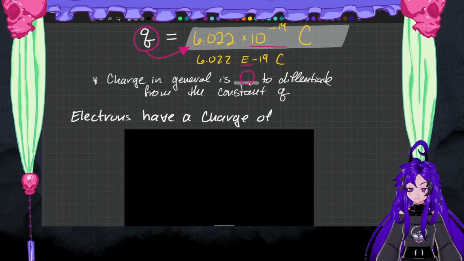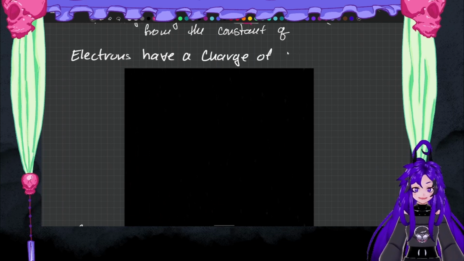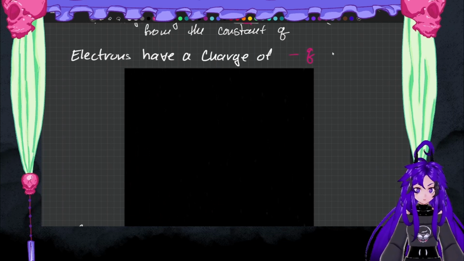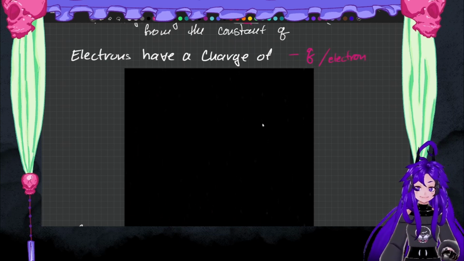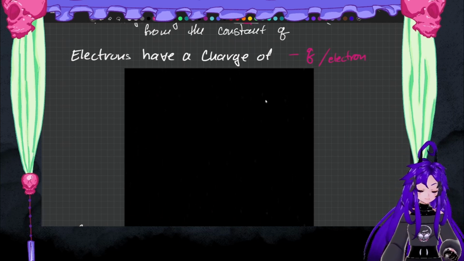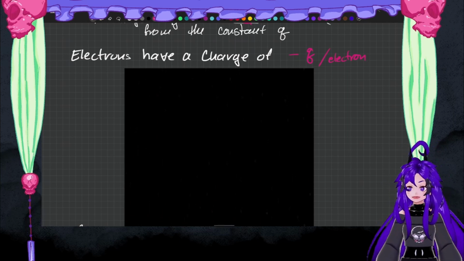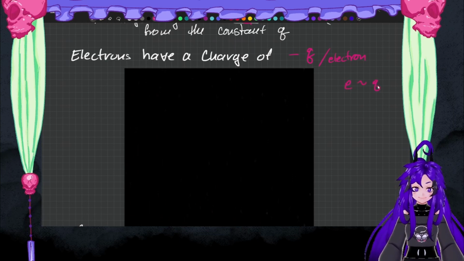So electrons have a charge of minus q per electron. And that is important. That is one of the core facts of electrical engineering: electrons are minus q.